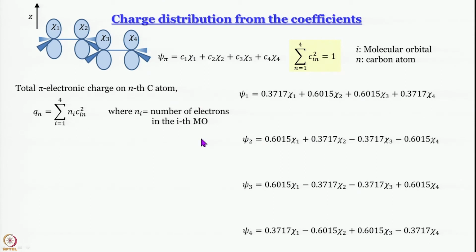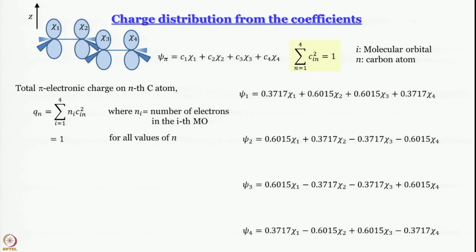So, let us do that for one. For all values of n, take any value of n. Say take n equal to 2 for example, the second carbon atom. What I am asking you to do is 2 multiplied by 0.6015 square plus 2 multiplied by 0.3717 square, that turns out to be 1. Do it for any carbon atom, it will turn out to be 1.